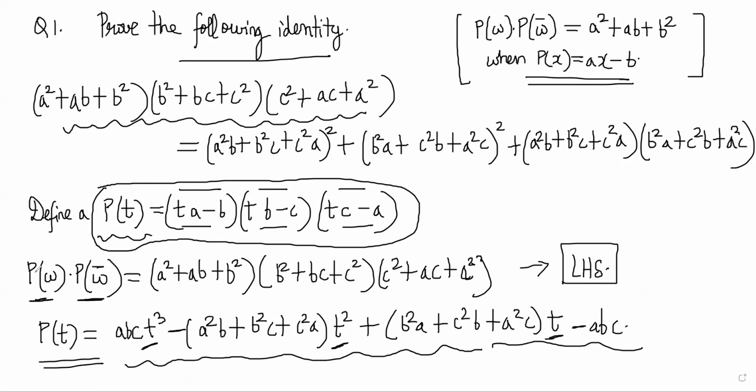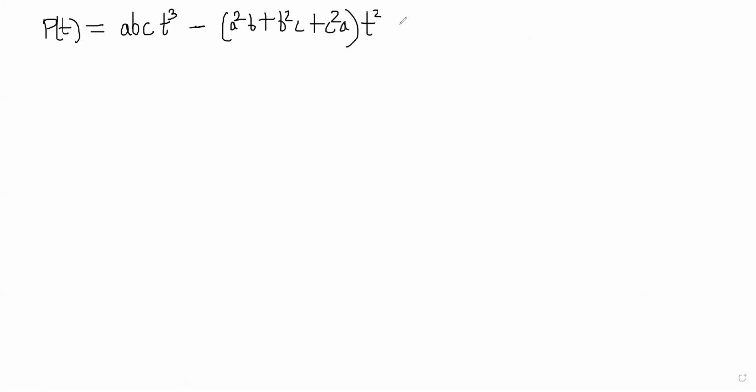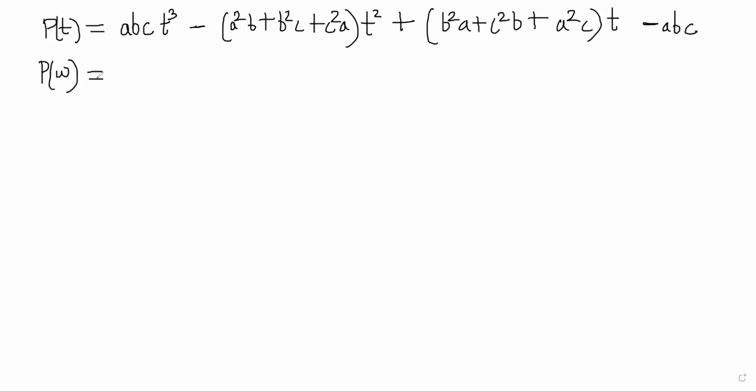Now, since the LHS is p of w multiplied by p of w conjugate, we will try to evaluate what is p of w and p of w conjugate here. So p of t, I will write again: abc t cube minus (a square b plus b square c plus c square a) t square plus (b square a plus c square b plus a square c) t minus abc. So let's find out p of w.